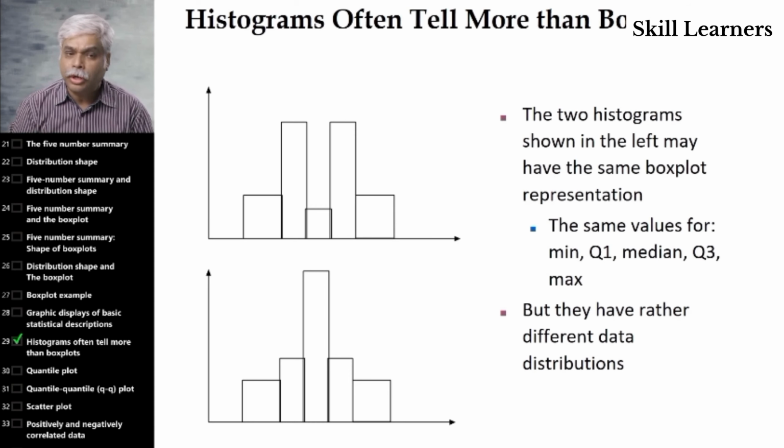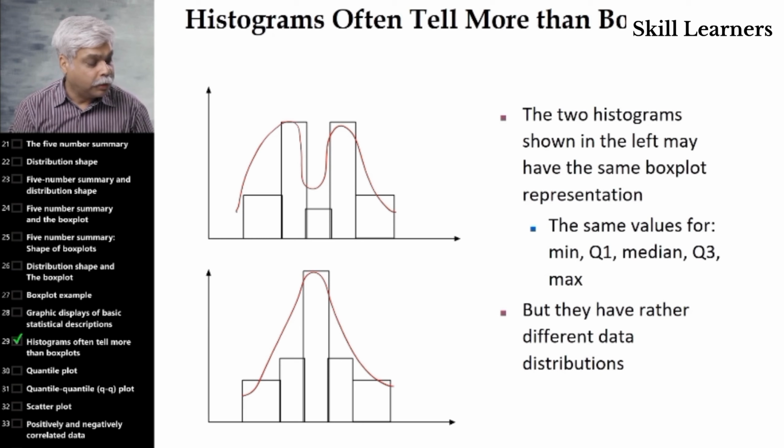Here's an interesting situation of two histograms. Remember histograms? Bin, classes, bins, frequencies. These two histograms that you see on the left have the same box plot because they have the same minimum, the same maximum, the same middle value, and the same quartiles. But they have different distributions. The top distribution is what you might call bimodal, and the bottom distribution is what's called unimodal.